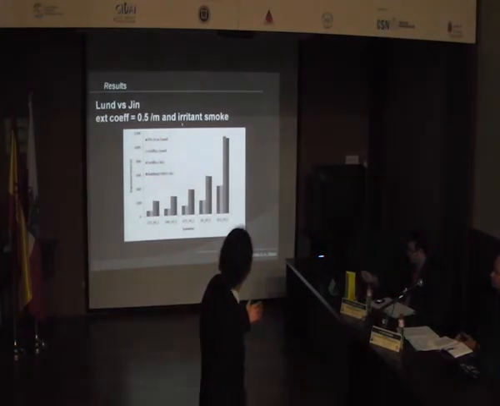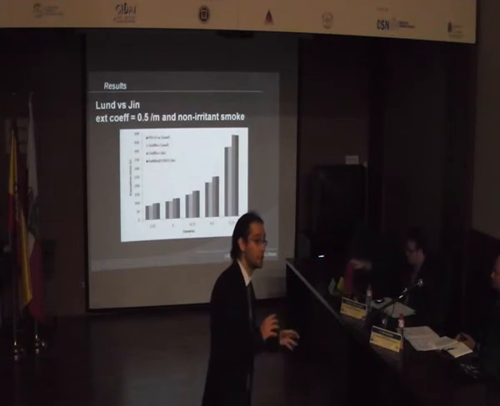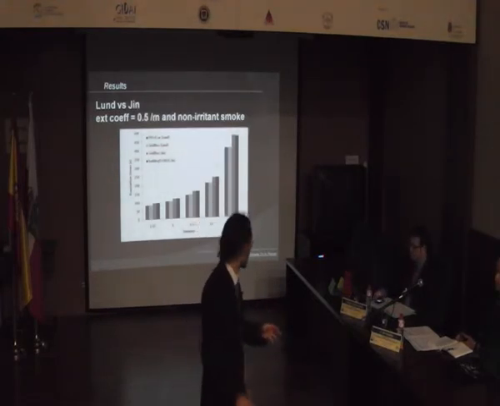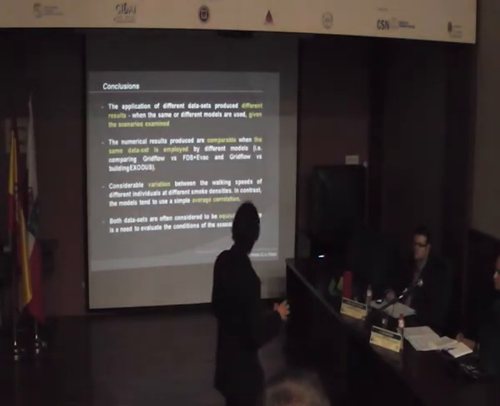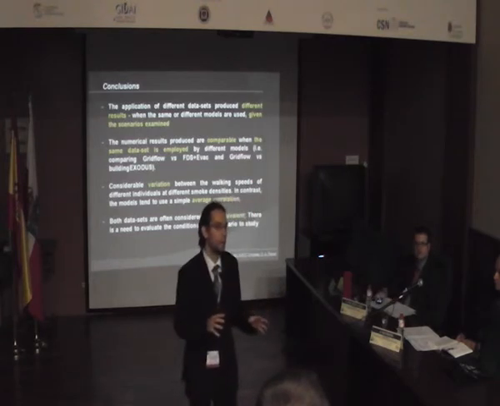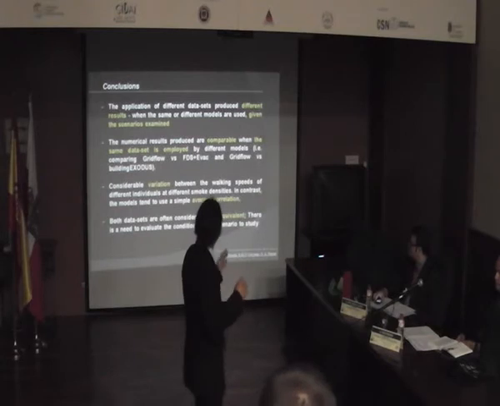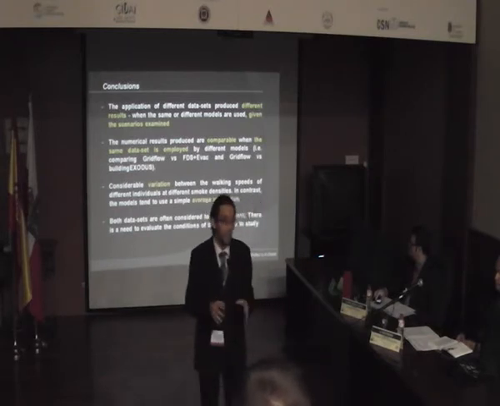And we get this for different types of scenarios, with differences in relation to the type of irritant gas or non-irritant gas. So my conclusion is that we were getting different results when applying different data sets, and the same result when using the same data set.